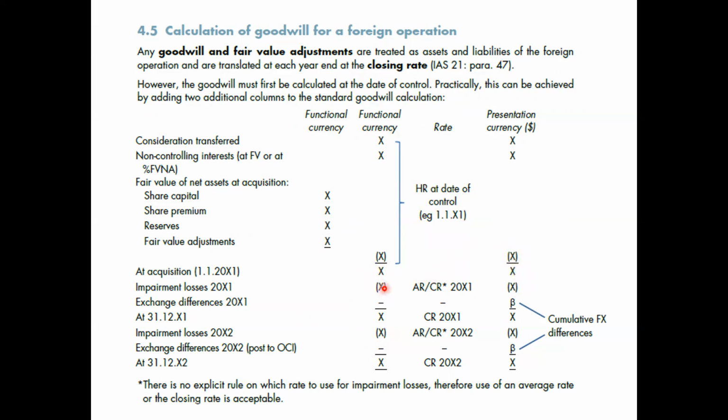And then if there are any movements, we recognize them. So if there's impairment to goodwill, we will use the average rate here. But then we will get our balance at the closing rate. And every time we see that there's a movement, we will recognize that exchange difference. And please make sure that this exchange difference will, at the end of the day, go to OCI.